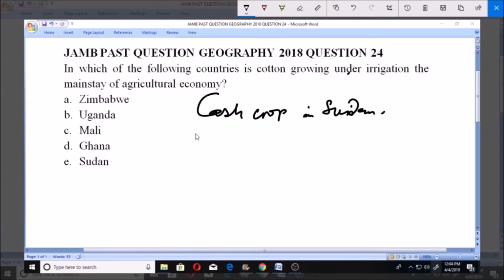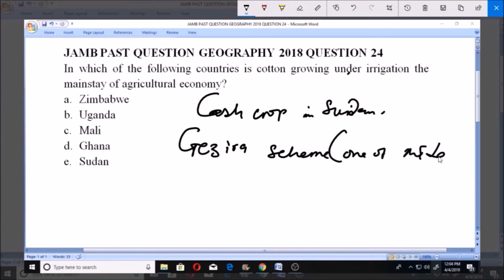So when you get to Sudan, you will find a scheme known as the Gezira scheme.